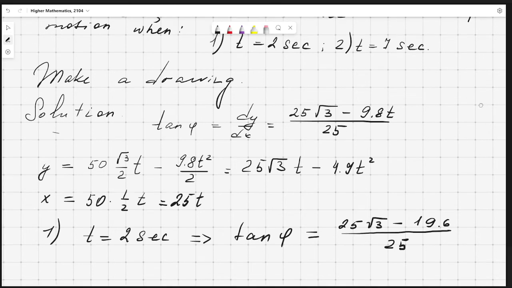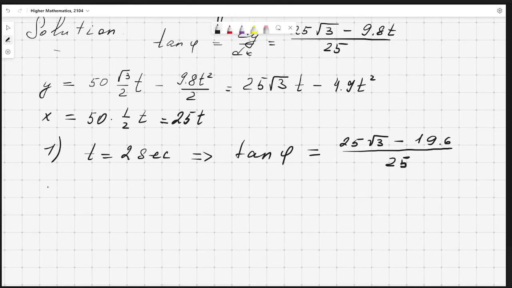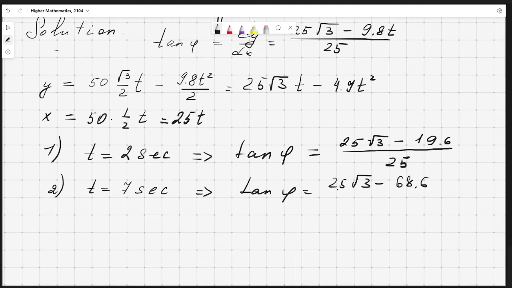If t is 7 seconds, then direction equals 25 square root of 3 minus 68.6 over 25.